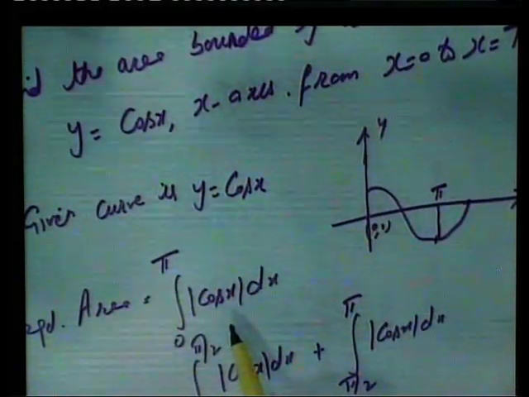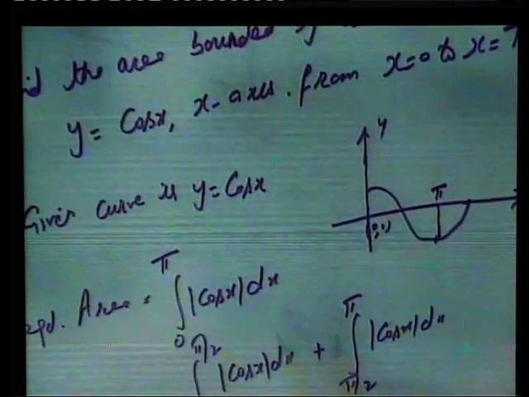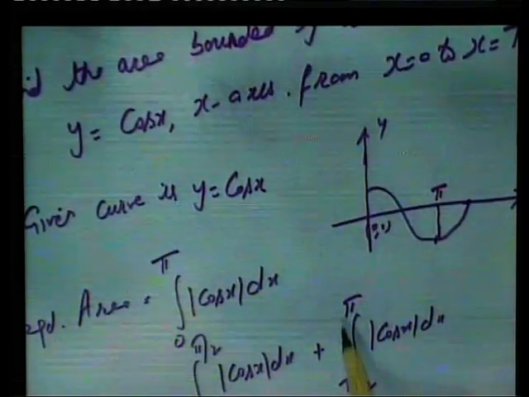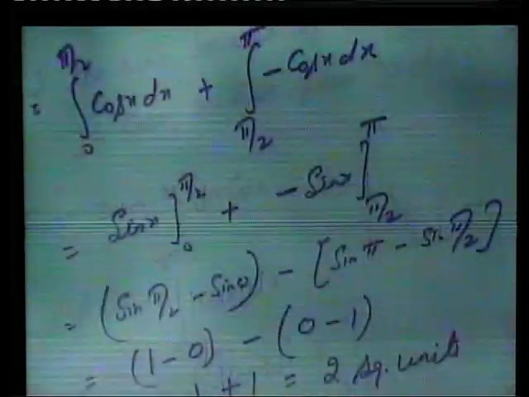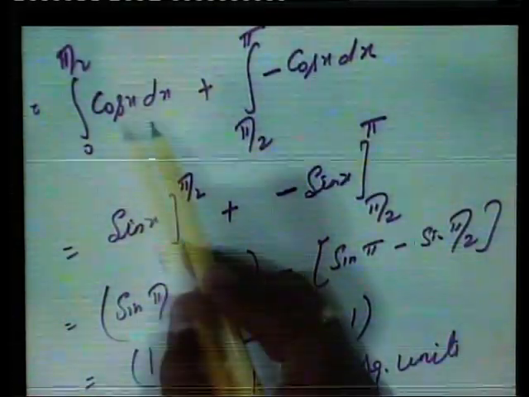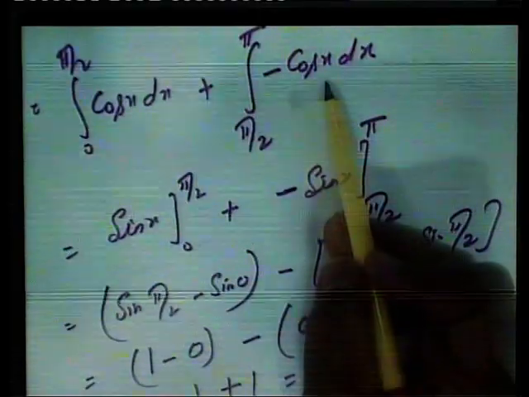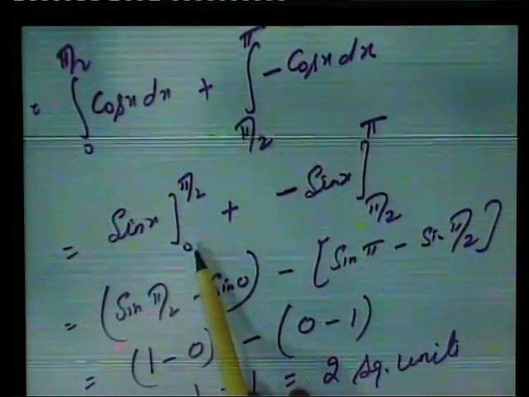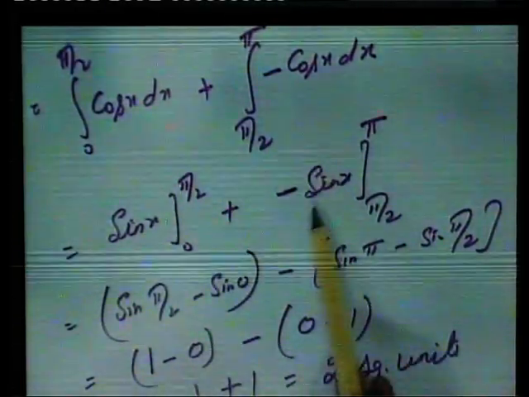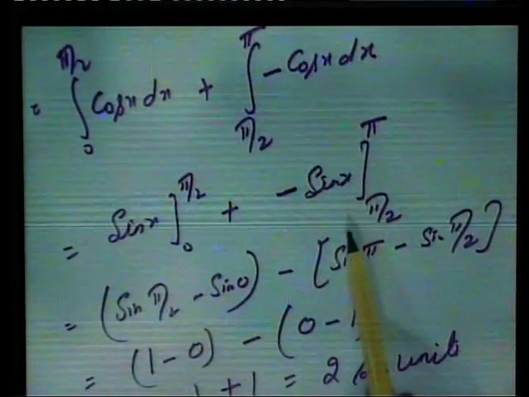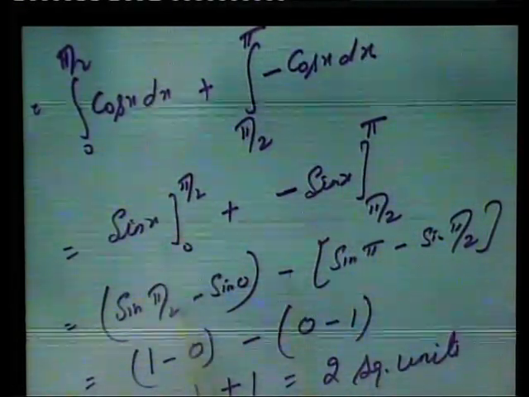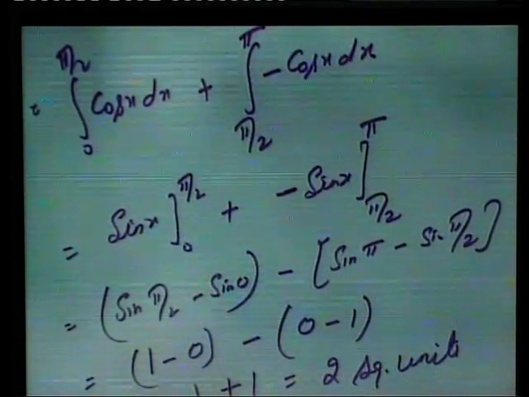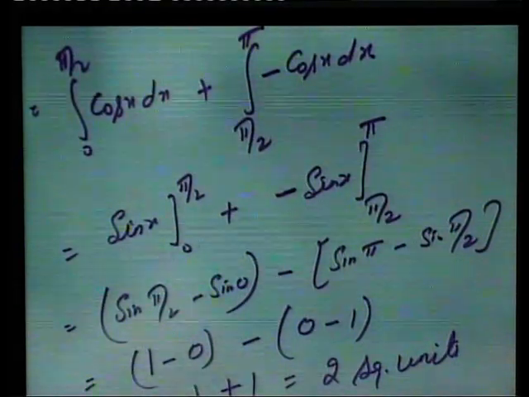Cos x is positive in first quadrant and negative in second quadrant. We take limits from 0 to pi/2 plus pi/2 to pi cos x. First quadrant mein cos x positive hai to cos x dx, second mein negative hai to minus cos x. Cos x ki integral sin x, limits are from 0 to pi/2, minus cos x ki integral minus sin x, limits are from pi/2 to pi. Limits put ki, pehle upper end then lower, solve karke 2 square units aa gaya. To area 2 square units.